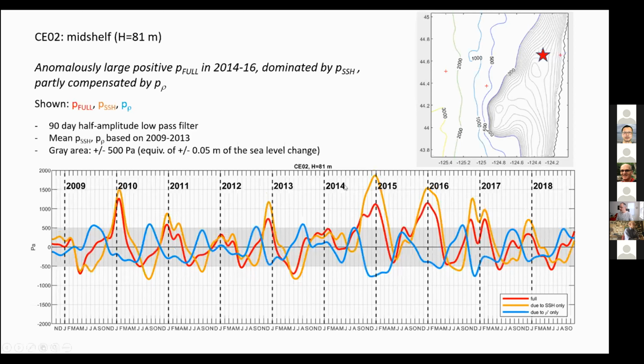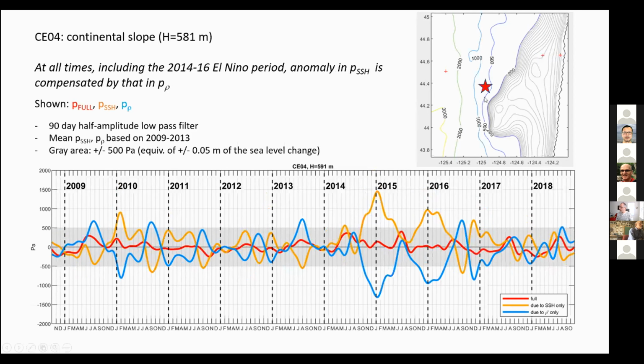If you go further offshore, there is a partial compensation by the density component, but still the total bottom pressure is strongly anomalous because of the El Nino. As soon as you go off to the shelf break, remarkably, there is still a large sea surface height contribution to the anomaly, but it's almost totally compensated by the density part.